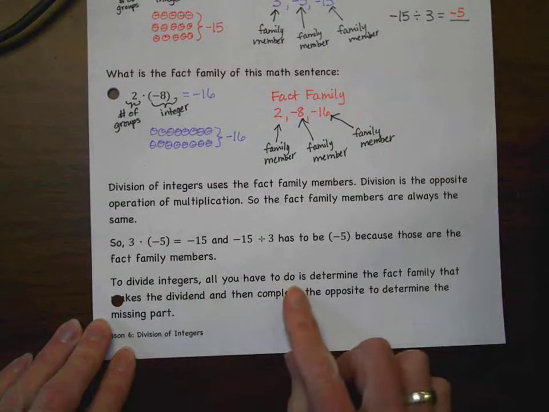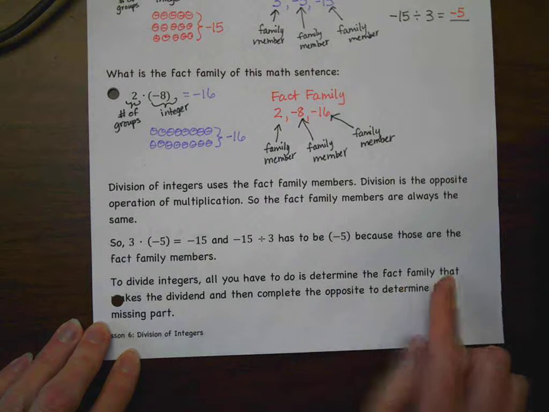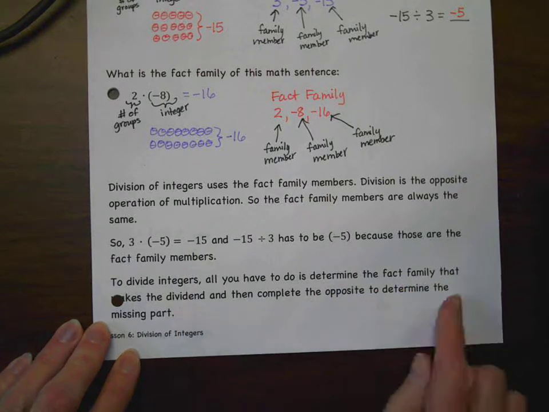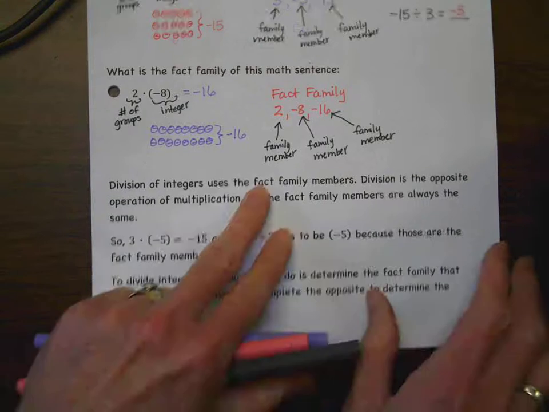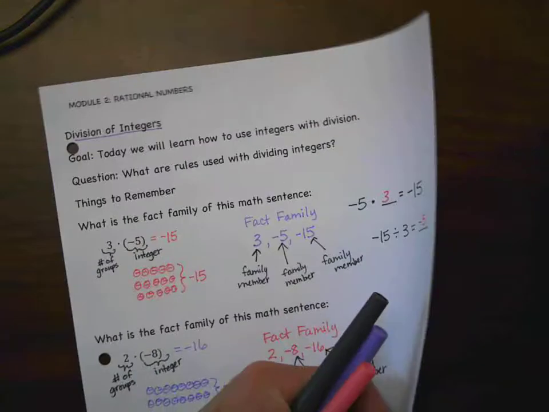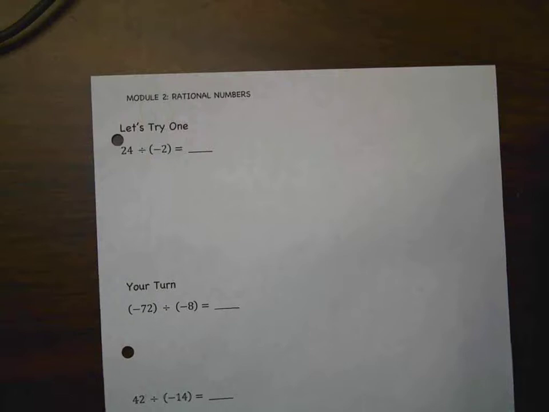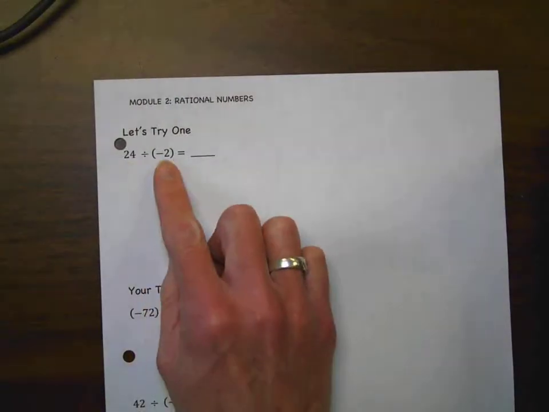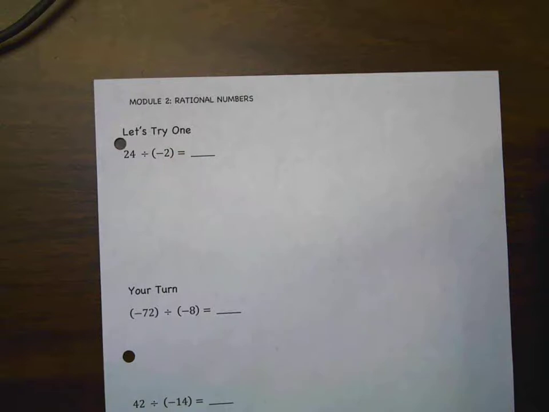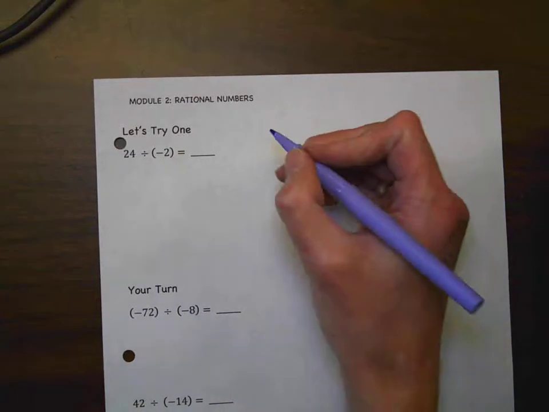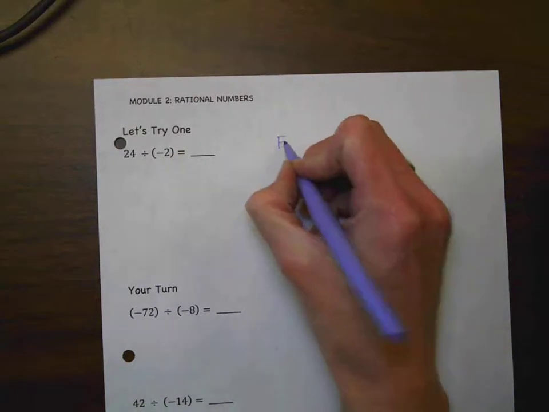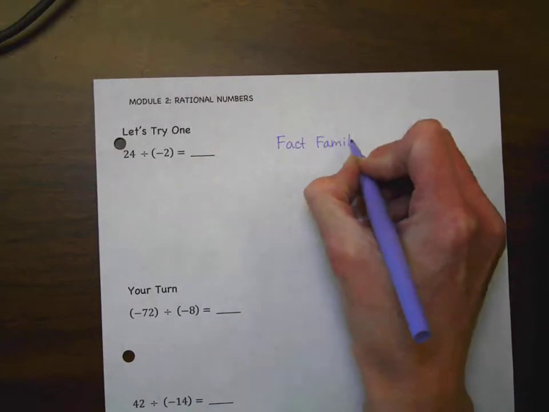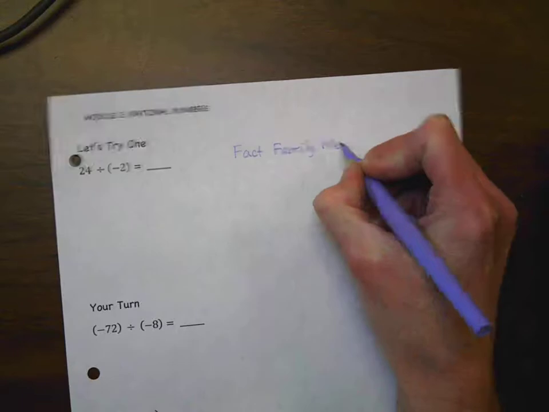So to divide integers, all you have to do is determine the fact family that makes the dividend, and then complete the opposite to determine the missing part. Okay, so let's try it and see if you guys can figure this out. So the one that I want to try is 24 divided by a -2. So our first job, again, just like on the other side, is that we have to figure out the fact family members.